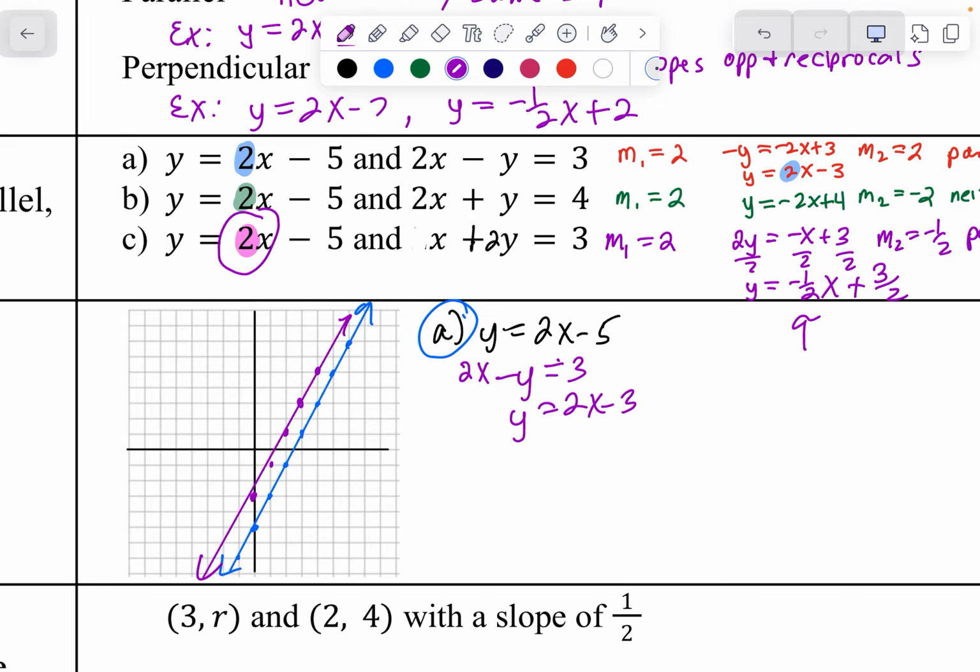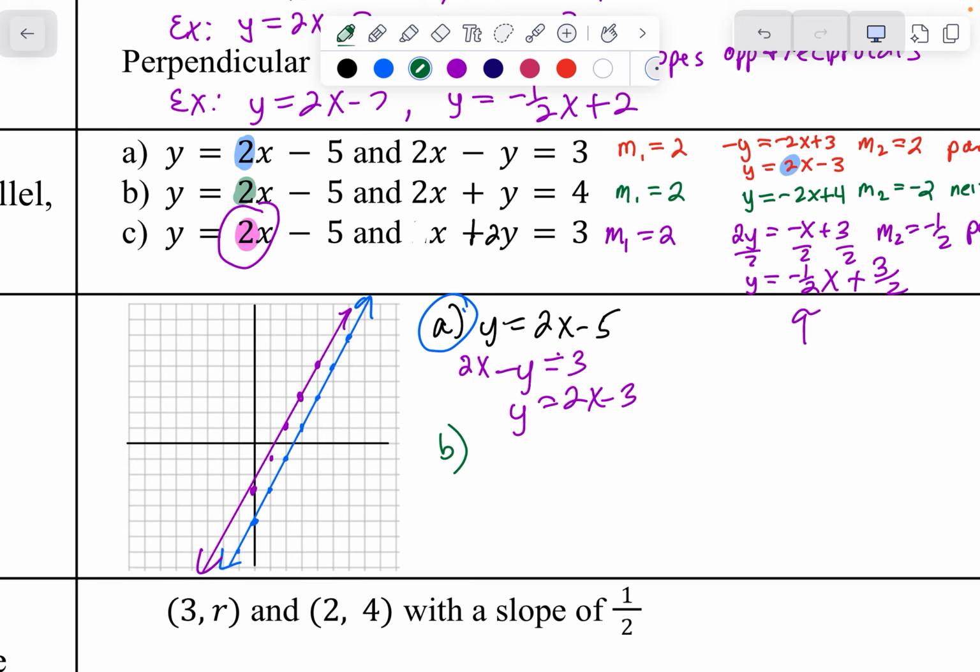Now in B, we have already graphed y equals 2x minus 5. The other equation, 2x plus y equals 4. When we rearranged it, we got y equals -2x plus 4. Now we claimed that there's no good relationship between these two, so let's check the blue one and the green line.